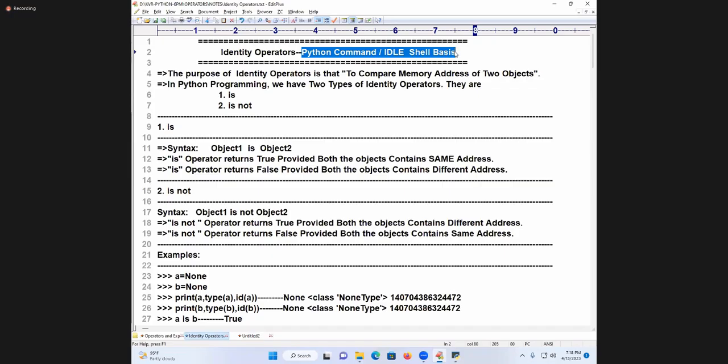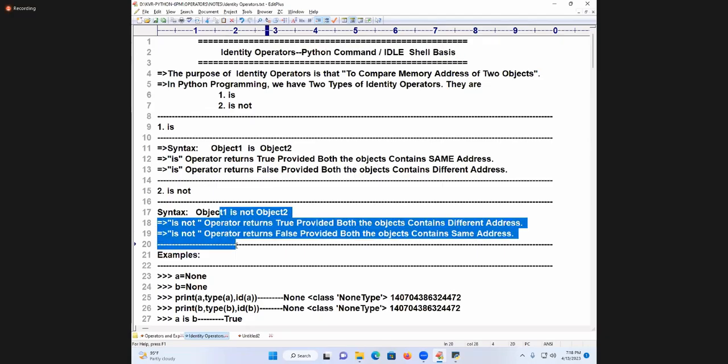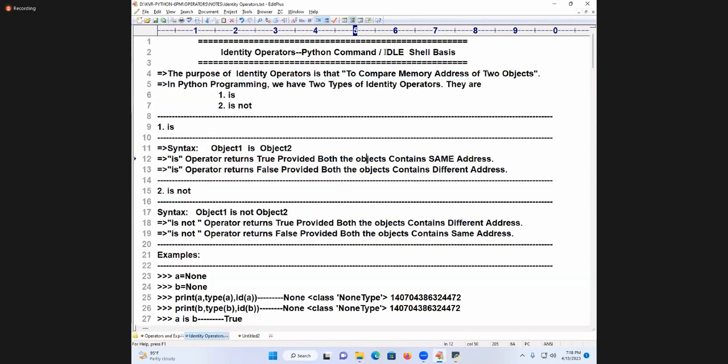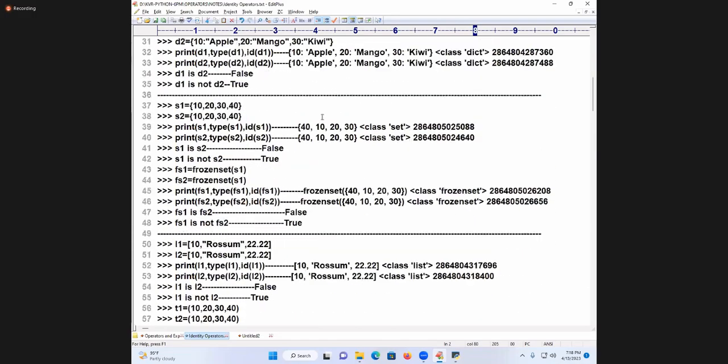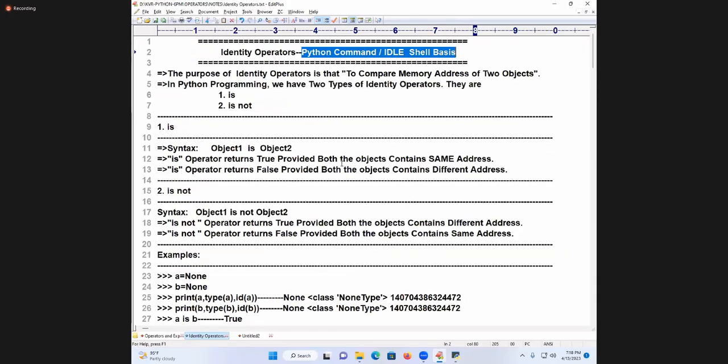Even if the question comes in an interview, it will be based on this only, not on any IDE. These rules, whatever I said, this operator is designed only for these two things. Even these examples are asked in interviews and MCQs. If you say you are using PyCharm, PyCharm is not developed by the PSF people. Their standard operator is this one only.